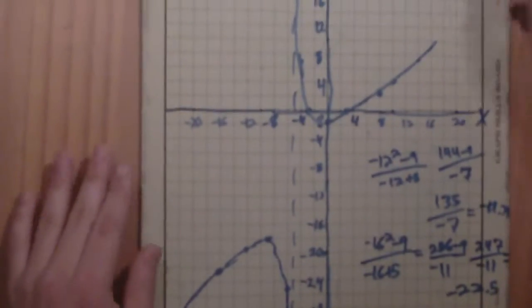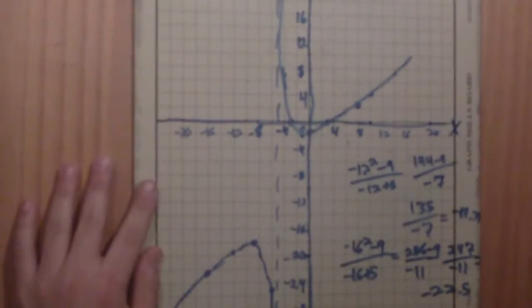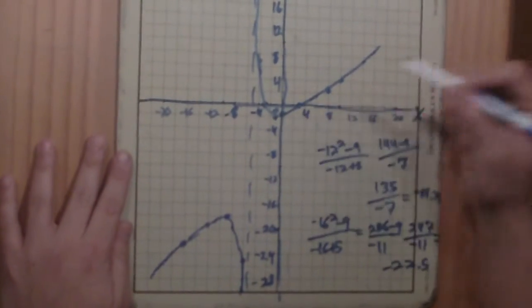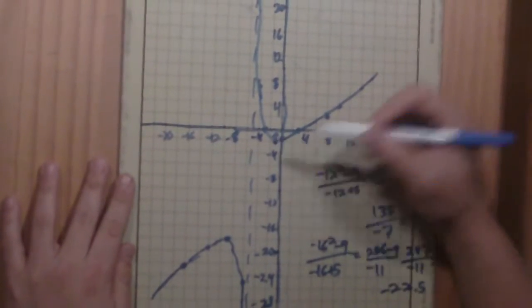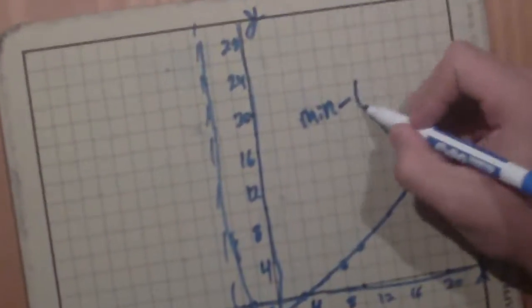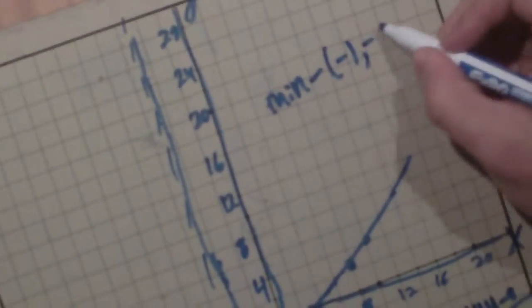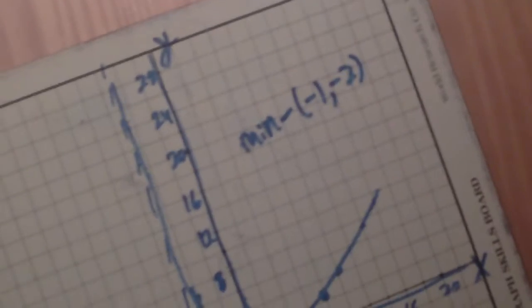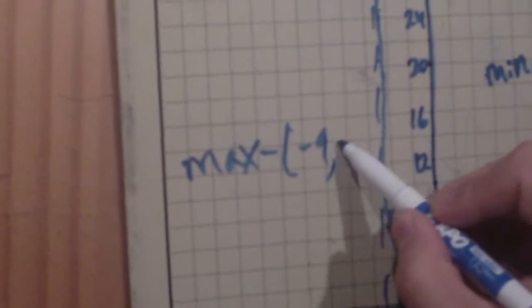And so the question asks, where is it increasing and decreasing? We found the minimum to the right of this asymptote, which was negative 1, negative 2, and the maximum on the left side of this asymptote was negative 9, negative 18.